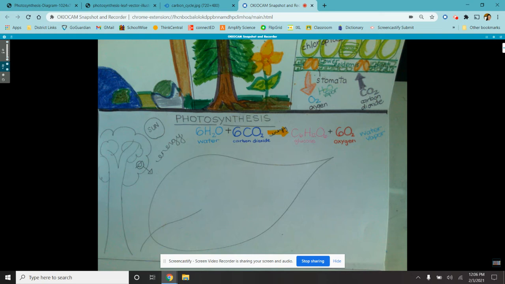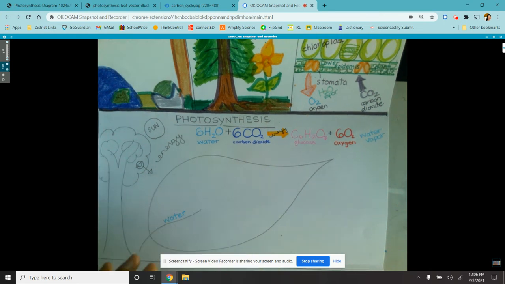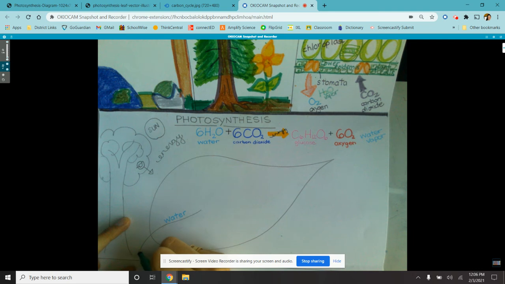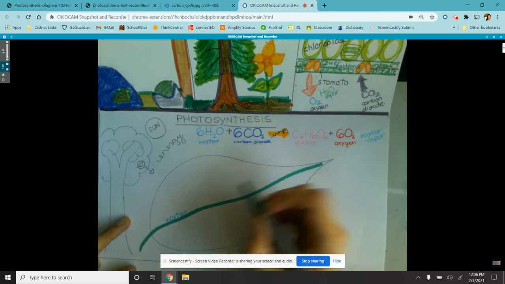And we know that the vein of the leaf brings water from the roots, right? Through xylem. So our water travels, and I'm actually going to draw this vein all the way through, because we know the vein of the plant goes all the way.